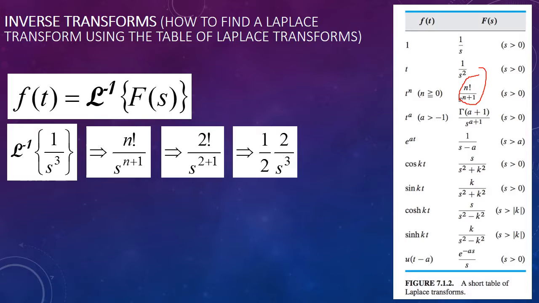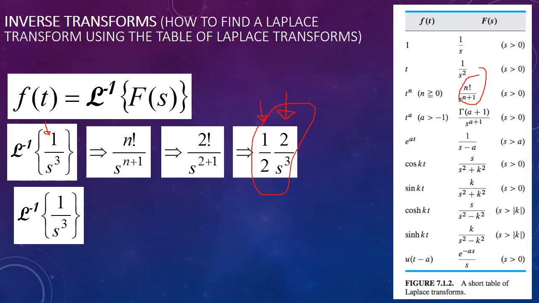I need to get a 1 up there, so what I have to do is multiply by a factor of 1, and that factor of 1 is 2 over 2, then I get a constant of 1/2 times the function I'm trying to take the inverse Laplace transform of. And this turns into this. So if I take the inverse Laplace transform of this function, I should get the one I want.